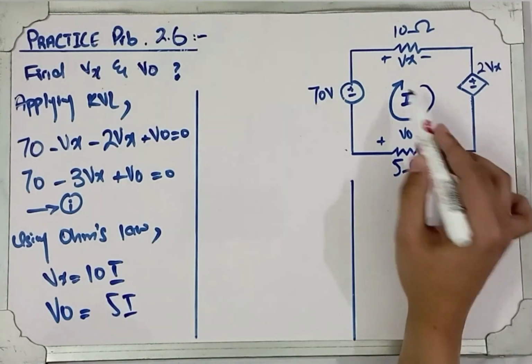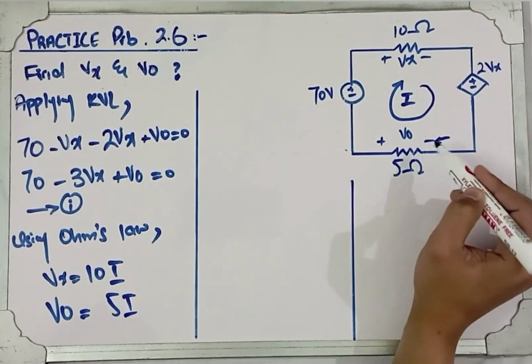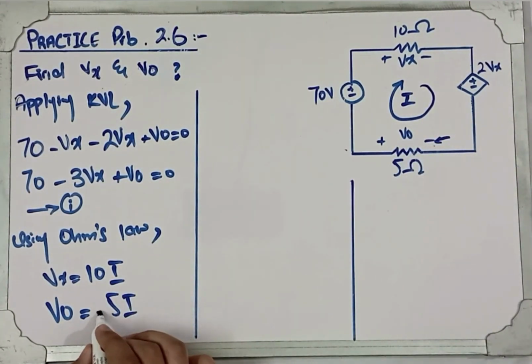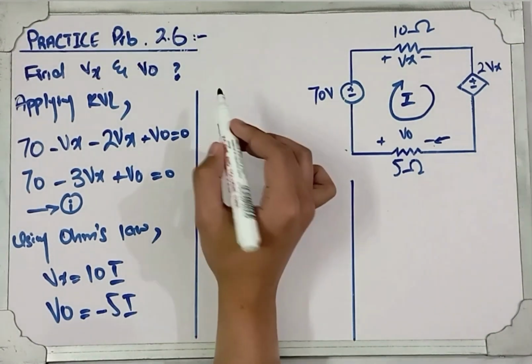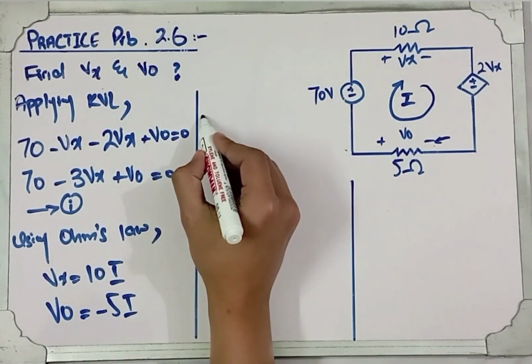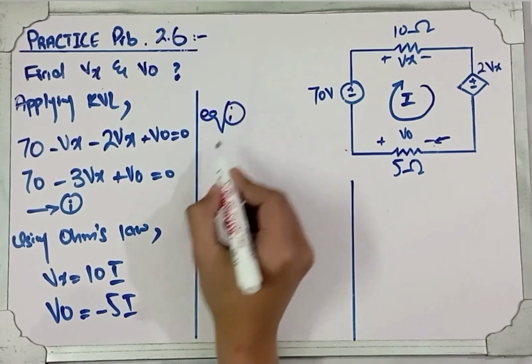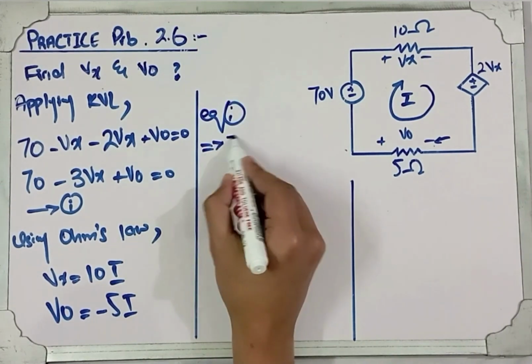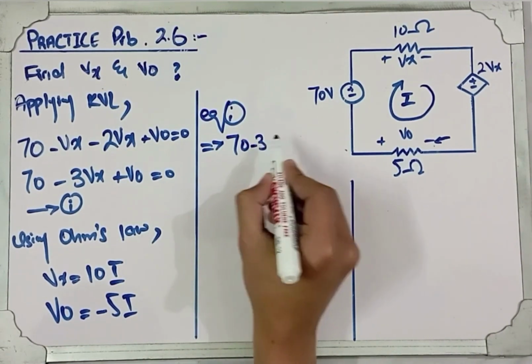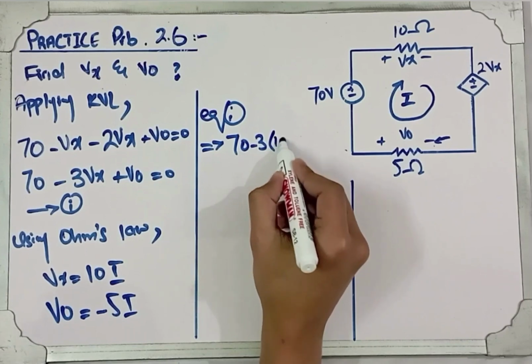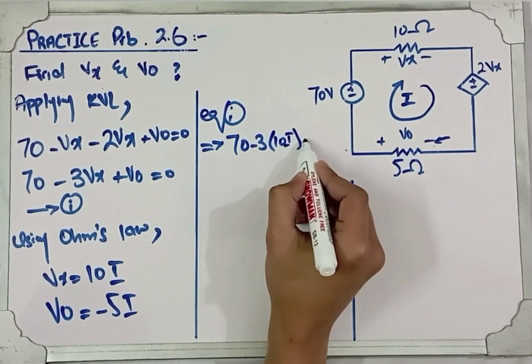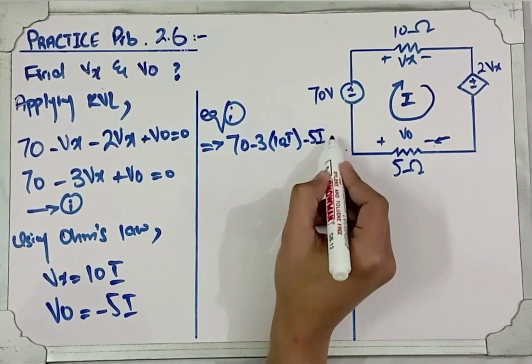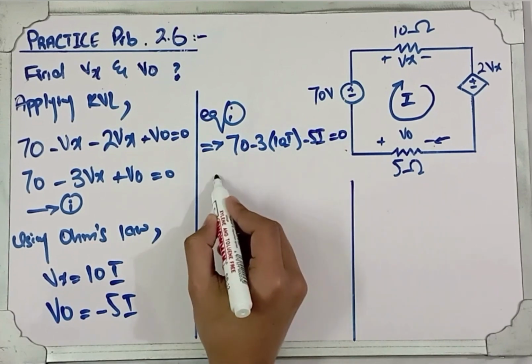But as you can see, the current is entering into the negative terminal of the resistor, so we will have a negative sign with the current. Now putting these values in the equation, we will have 70 minus 3 into 10I plus minus 5I equals 0.